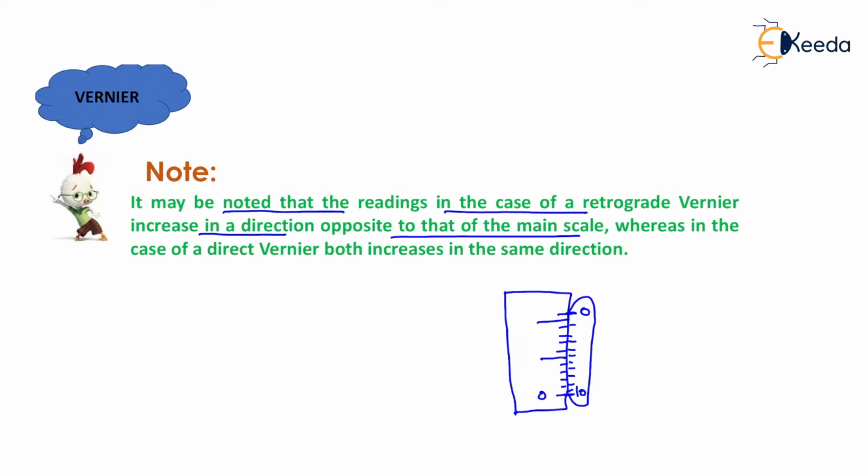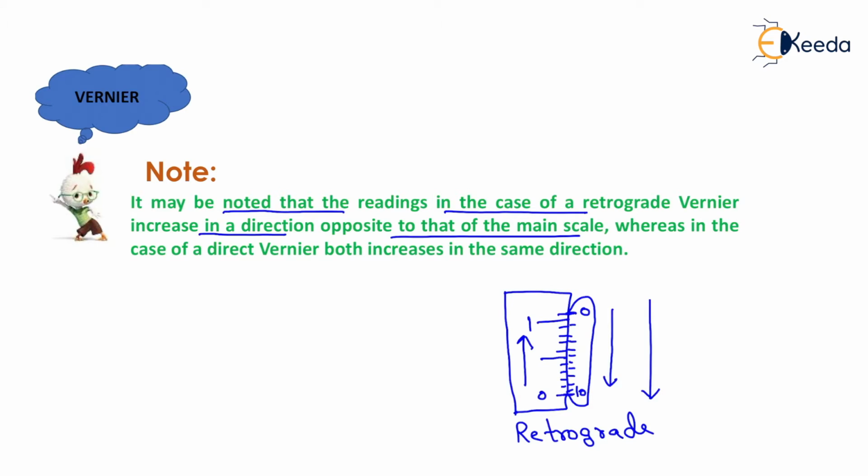So in retrograde vernier the main scale reading increases in this direction and the vernier scale reading increases in this direction. So if we want to calculate the exact reading from the retrograde vernier, the reading increases in a direction opposite to that of the main scale.